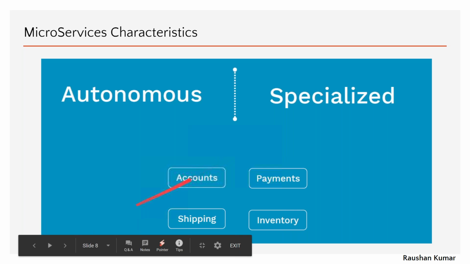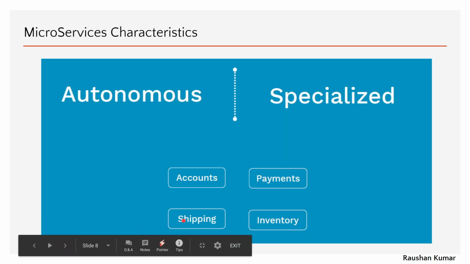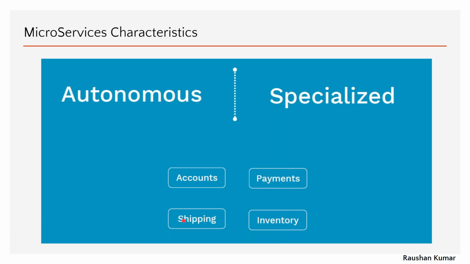Even if one of the modules has an issue, suppose the accounts section is not working properly, it will not impact my other modules. That's the main deal here. My application is still functional, still working. Your application as a whole is not down because of just one bug.